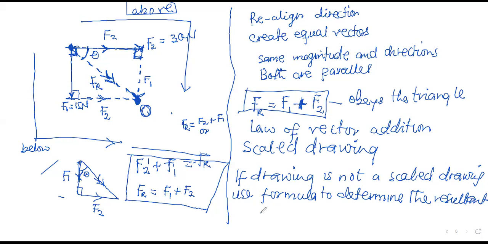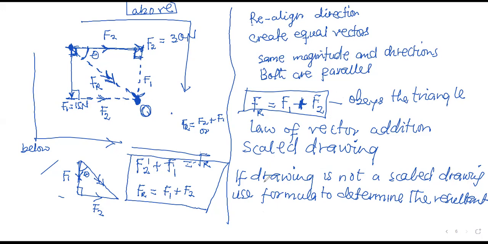Sir, please, can you use Pythagoras theorem when you are using the triangle law of vector addition? Okay, well said. I'll answer. Listen. You can only use this when you have a scale drawing.